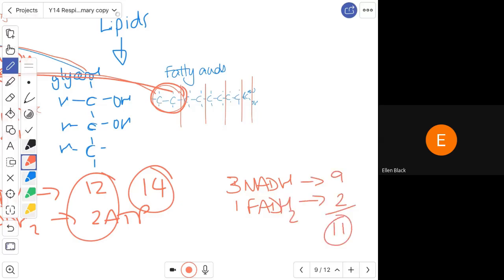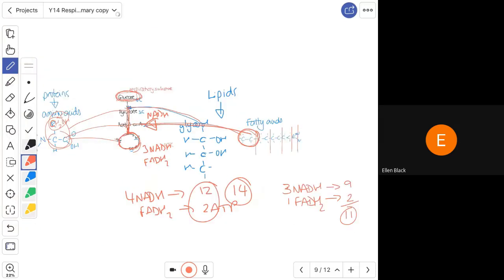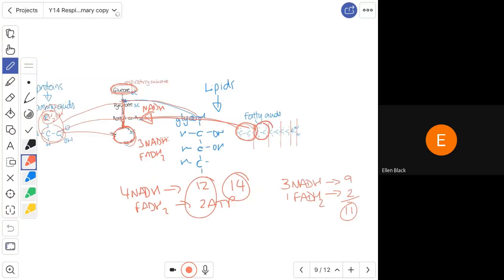But the fatty acid, that's going to happen again and again. A lot of fatty acids might have like 16 carbon molecules, which would mean that basically you're going around the Krebs cycle 8 times. Fatty acids yield an awful lot of ATP, and you can see why now, because each pair goes around the Krebs cycle and each pair is going to give you 11 molecules of ATP.